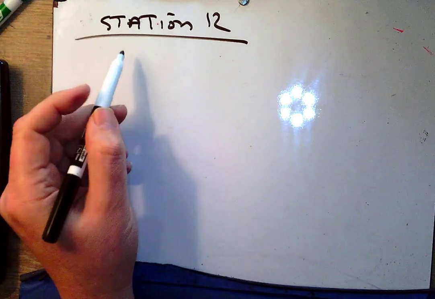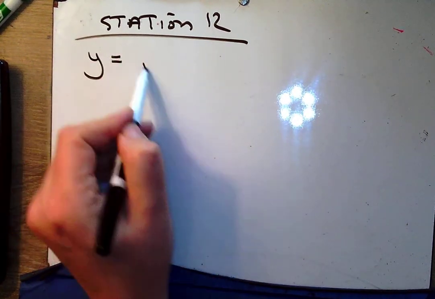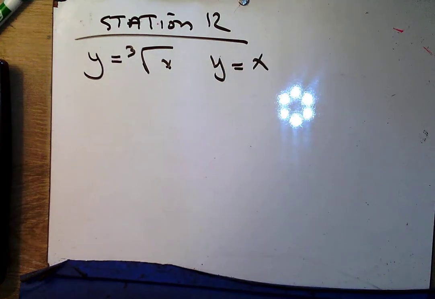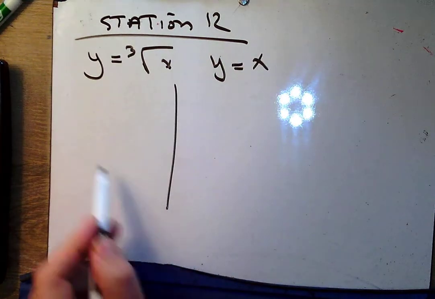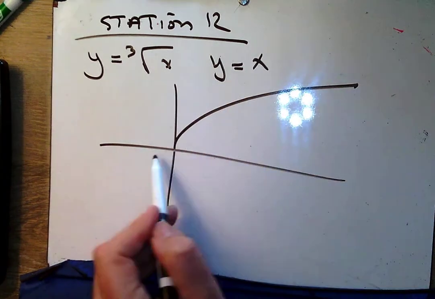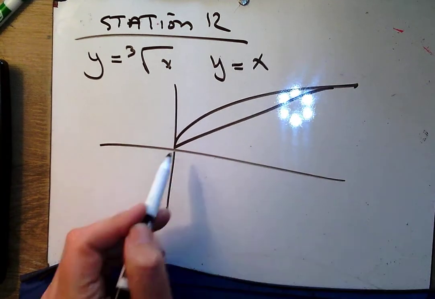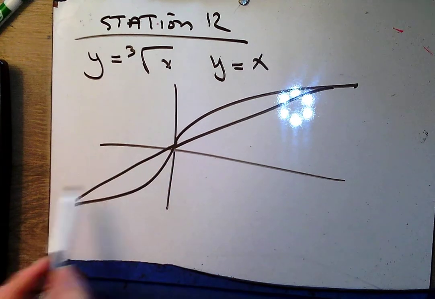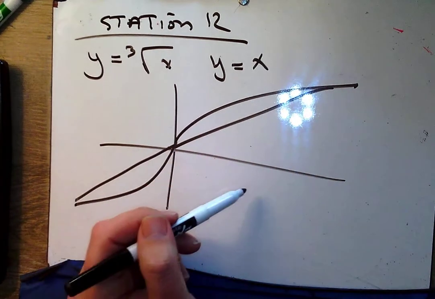Station 12, find the area of the region bounded by y equals cube root of x and y equals x. Okay, so here's what happens with this problem. People do this, and they forget to do that. These two are the same.